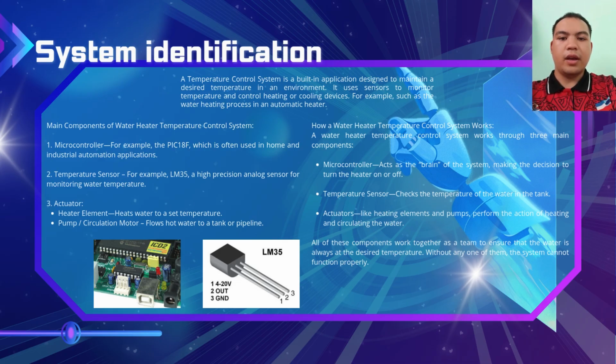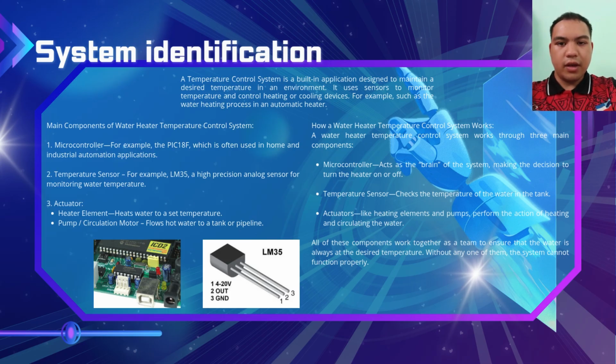An example is the PIC 18F, which is often used in home and industrial automation applications. Second is the temperature sensor, for example the LM35. This is a high precision analog sensor for checking and monitoring the water temperature in the tank.